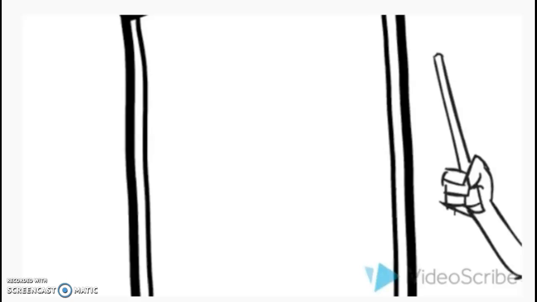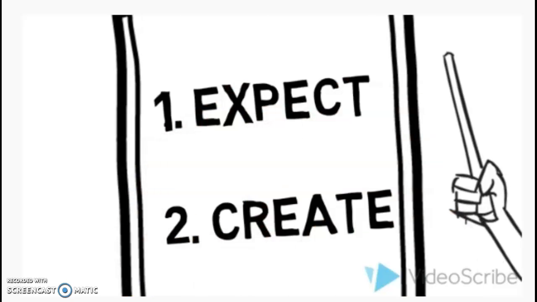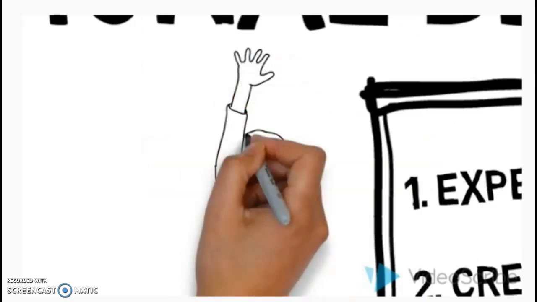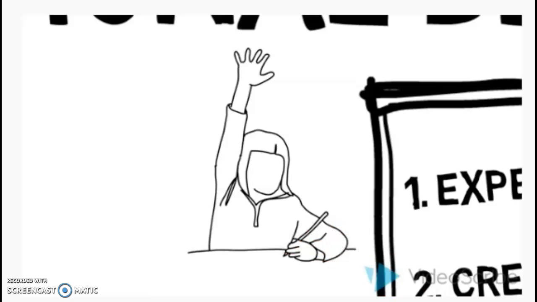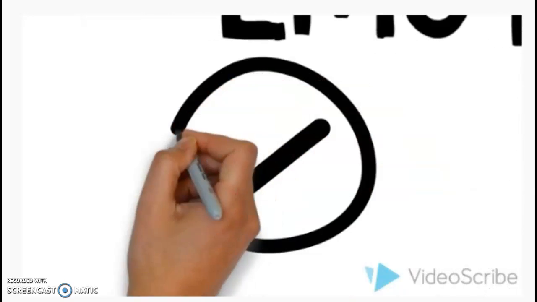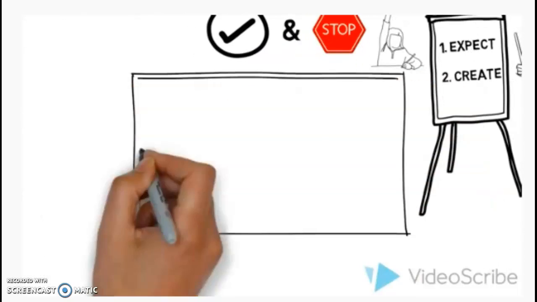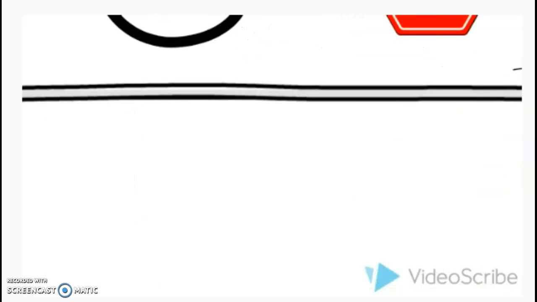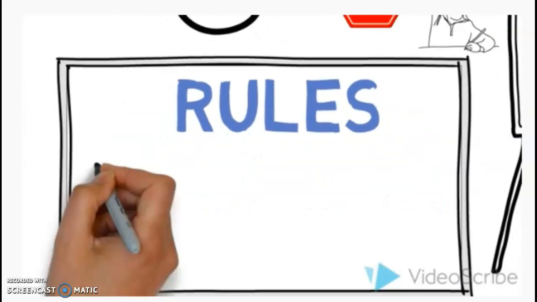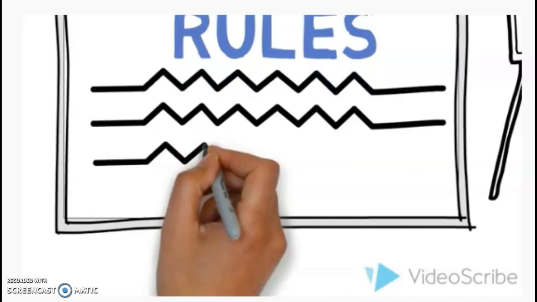Expect and create. First, you must expect appropriate behavior. The students need guidance, model behavior, and feedback. Reinforcements and punishments should be used just as they would be with other students. There should be clear behavior expectations, and responses to rule violations should be consistent and sound.